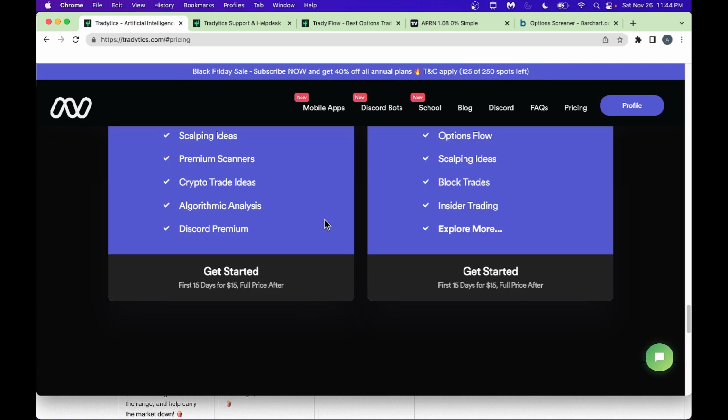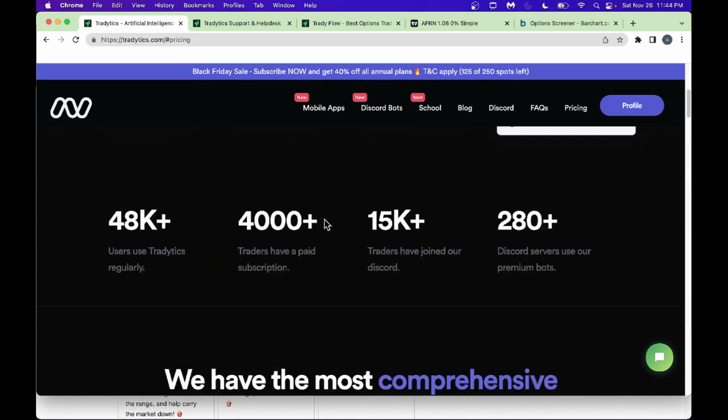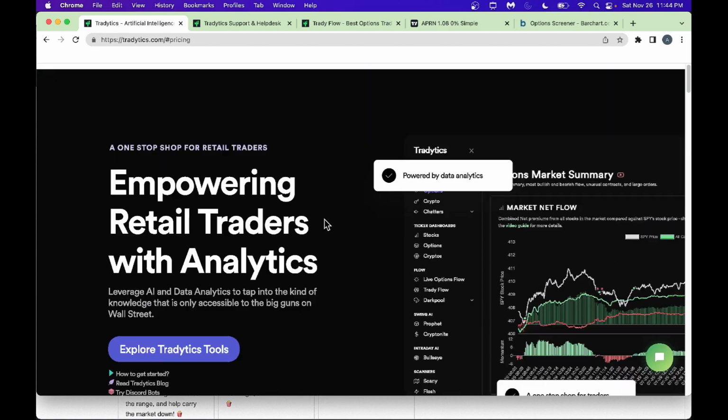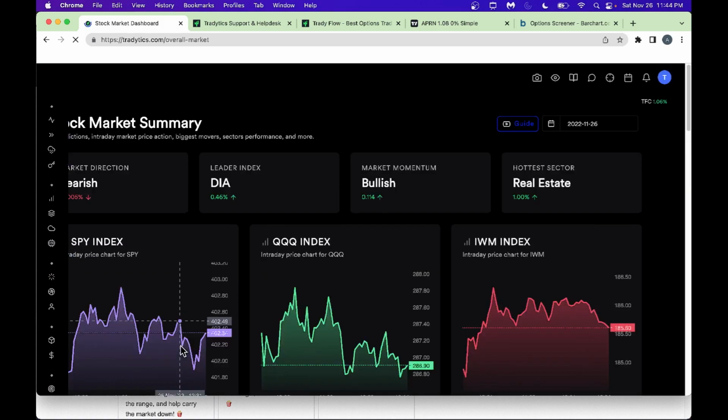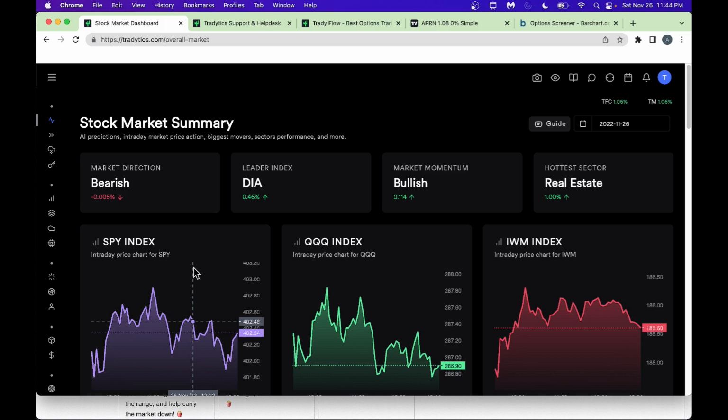So with that, let's jump in and look at how you swing trade and day trade options using this tool. Before you go any further, I'd like to take you into this Explore button and look at this tool. It gives you a nice market summary. We'll not spend too much time here.